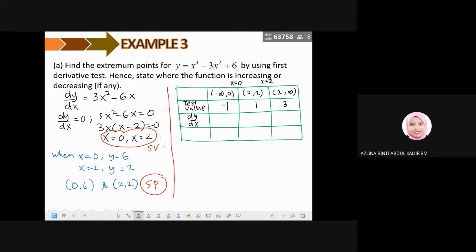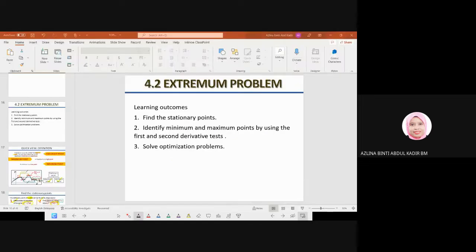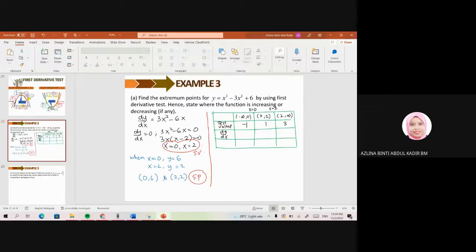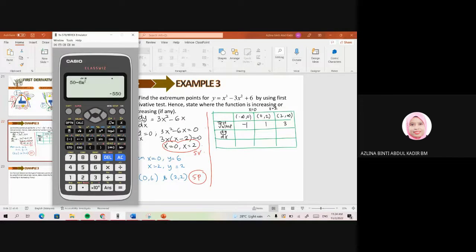Then using the calculator, insert function. Let's press together. Insert function dy/dx, which is 3 alpha x squared minus 6 alpha x. Press calculate button.